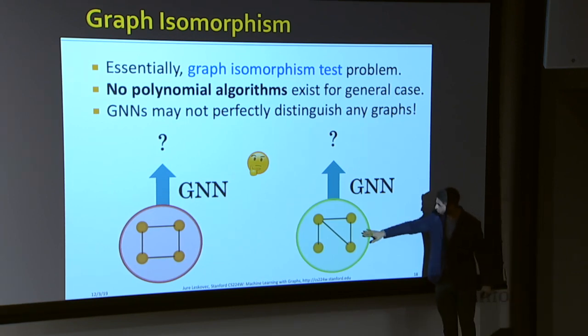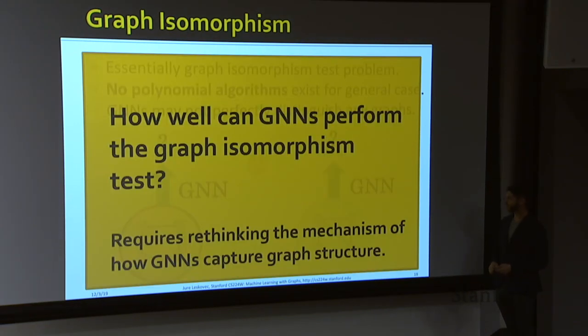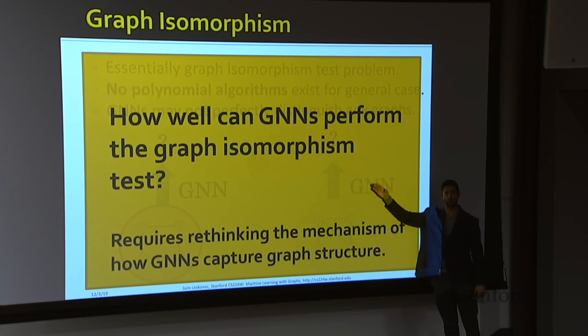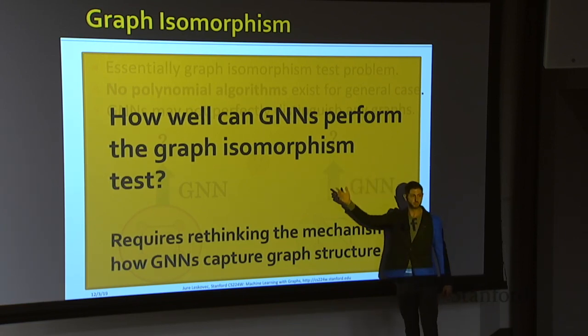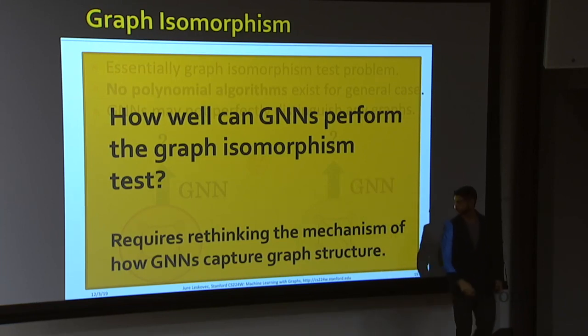So we have to carefully design a GNN to be able to distinguish each possible different graph structure. How are we going to do that? And how well, in the end, can GNNs perform the graph isomorphism test? We're going to run this parallel throughout the whole lecture, at least for the first part. We're going to try to have a GNN which performs as close as possible to the graph isomorphism test, okay?